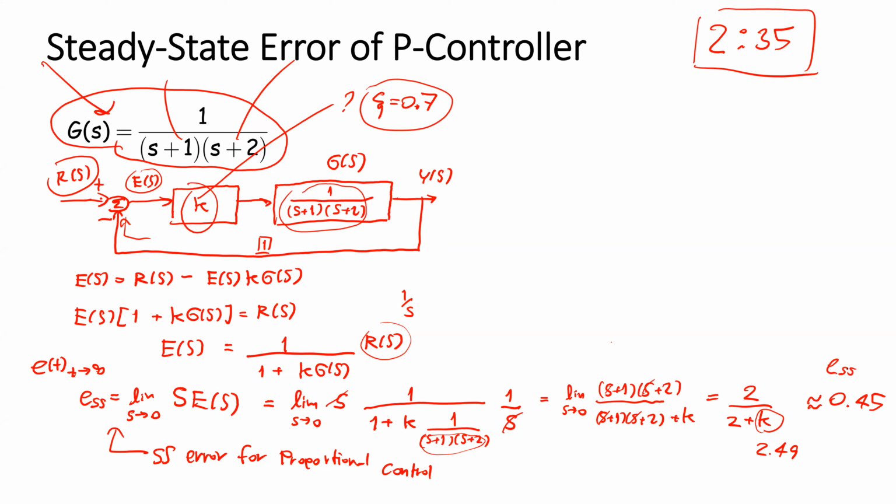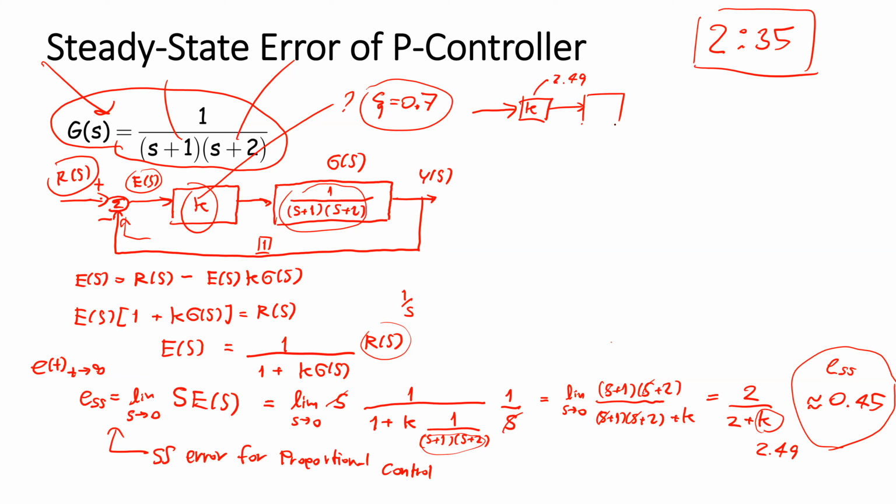How can we confirm this? We already decided the gain K, 2.49.